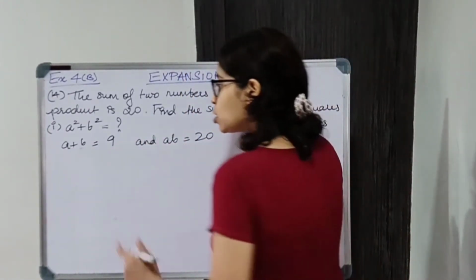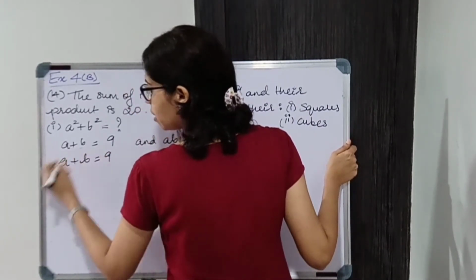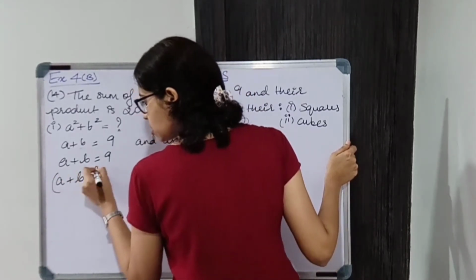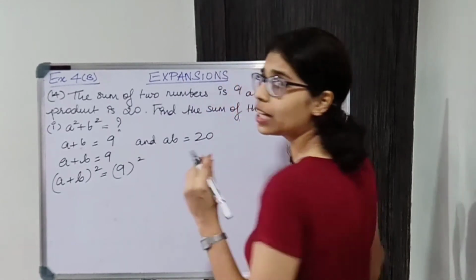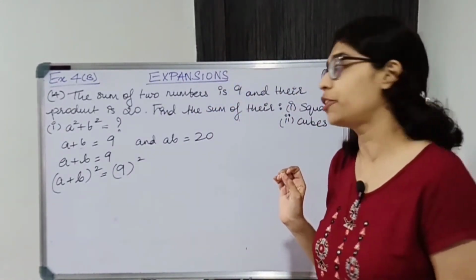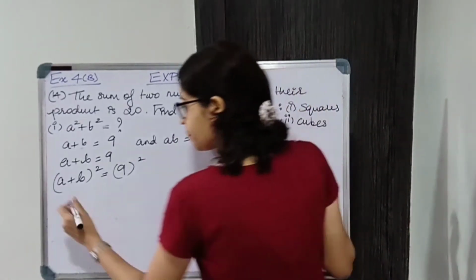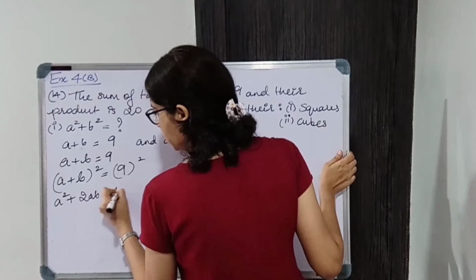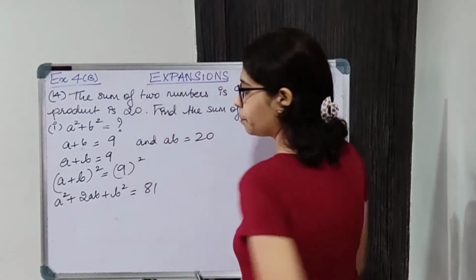Okay, so a plus b is equal to 9. Now we'll square. Write down the LHS, put bracket square. Write down the RHS, put bracket square. Give reason: squaring on both the sides. Very, very important. a plus b the whole square. Use the identity: a square plus 2ab plus b square is equal to 9 squared, which is 81.